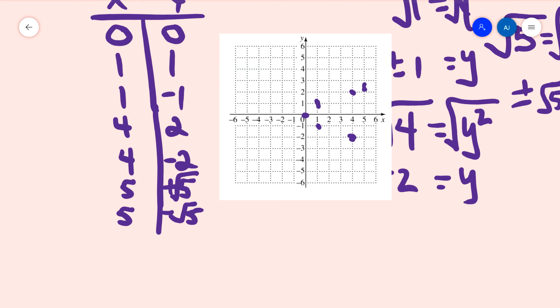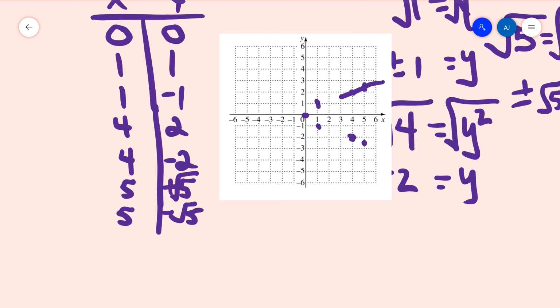When I run into this situation, as you will, you just approximate where it is. When x is 5, y is going to be the square root of 5. And then I have that and negative. Same thing.